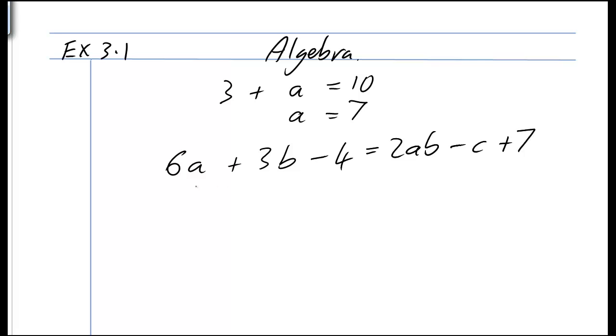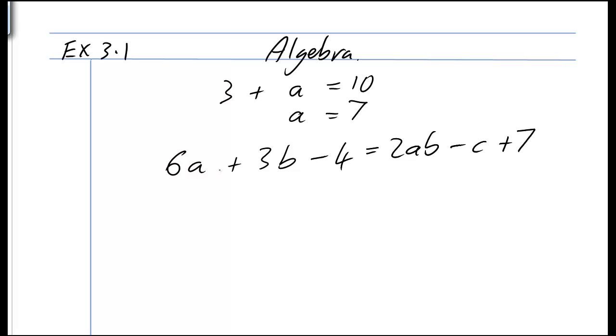Now this looks quite complicated, doesn't it? There are 3 unknown quantities here, A, B, and C. And they could be different numbers, or they could be the same number. They could all be the number 3, but probably not very likely. So these letters are numbers we're trying to work out.